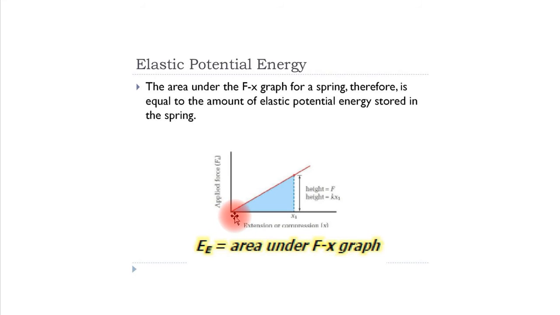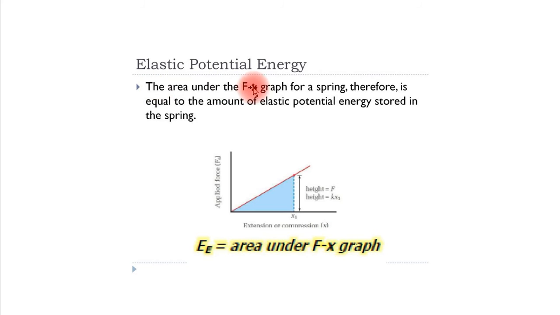we get the area of this triangle, which is half into base into altitude. The base is x, the altitude is kx. So half into x into kx is equal to half into k into x square. So the area under the F-x graph is half kx square.